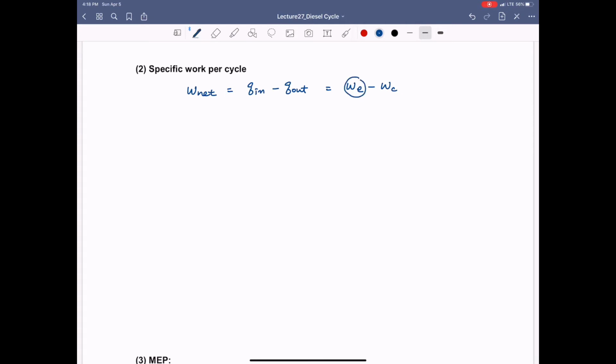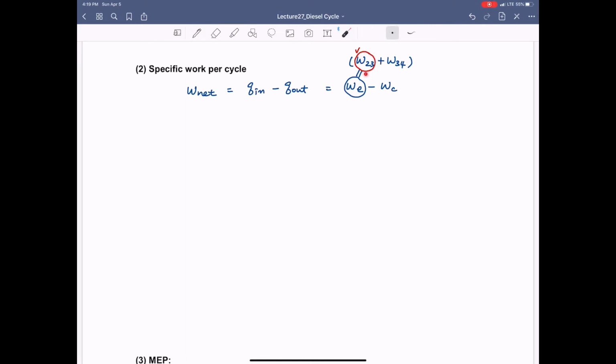But in order to calculate the expansion work, we have to think about two terms. One is the expansion work during the constant pressure heat input process, and another is the work during the expansion process. Many students make a big mistake by not considering this part, and they get it wrong simply because they ignore it.